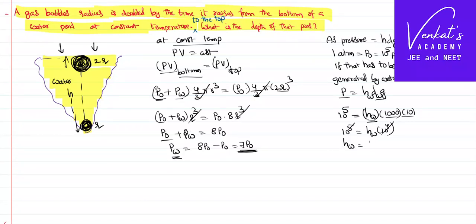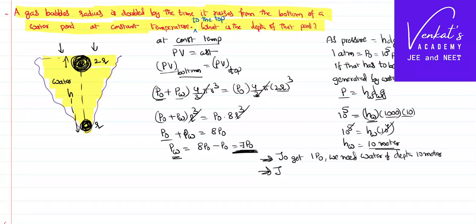Then the height of the water remaining is 10 in the SI system, 10 meters. So what we have understood is that to get 1 atmospheric pressure, we need water of depth 10 meter. Now we need 7 atmospheric pressures as per the problem.